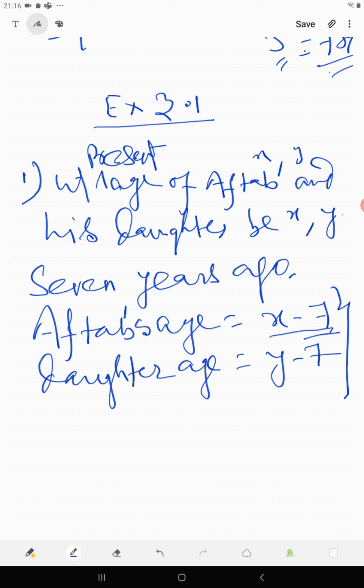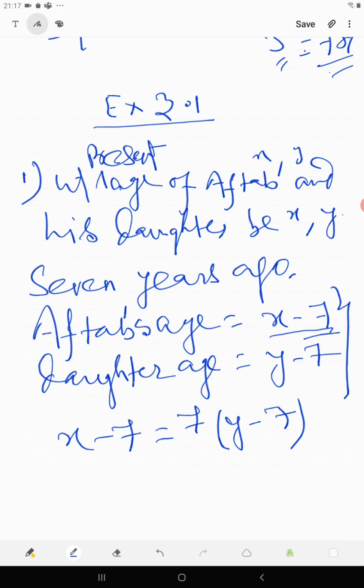He is talking about 7 years back, when his age was X minus 7, that is equal to 7 times his daughter's age 7 years ago. That means he is telling X minus 7 equals 7 into Y minus 7.